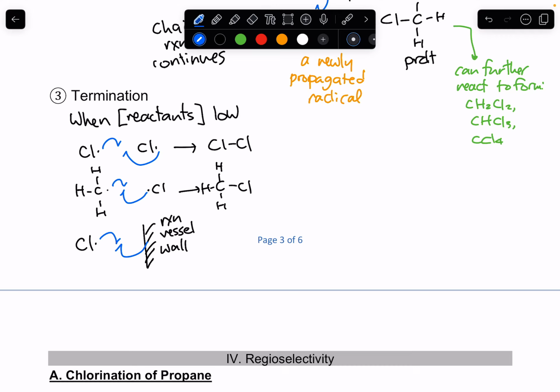Once there's not much methane for it to react with anymore, what could happen is this could just react with glass, which is silicon dioxide, and chlorinate that. And either way, these types of termination steps end up with no more radical, and that's when the reaction terminates.